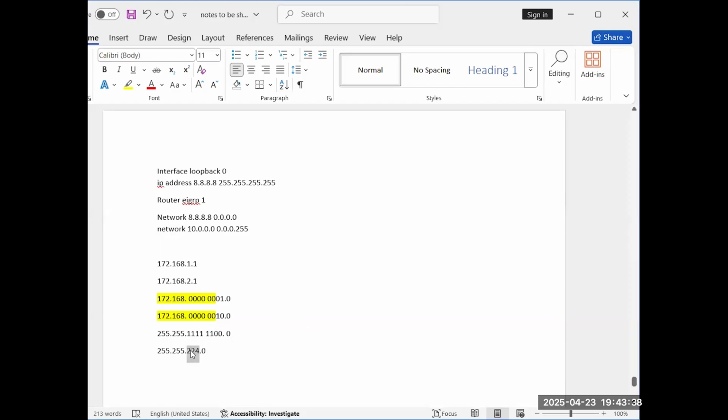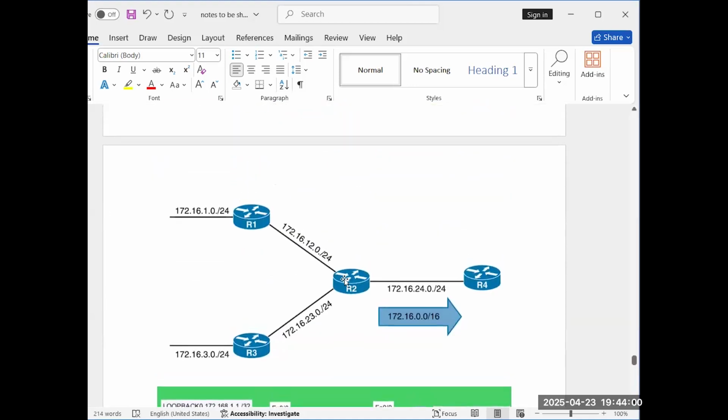So this is the subnet mask, and you can just mention for which network: 172.168.0.0. Okay, this is how you can mention when you go for a summary route. But in this example, it is class B, right?